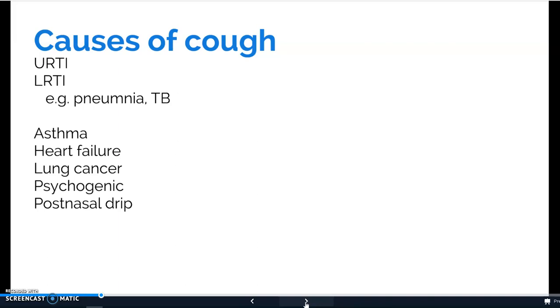But in primary care, you have to also think about causes other than respiratory, such as heart failure. It can be a psychogenic cause. It can be an ENT cause, such as postnasal drip.